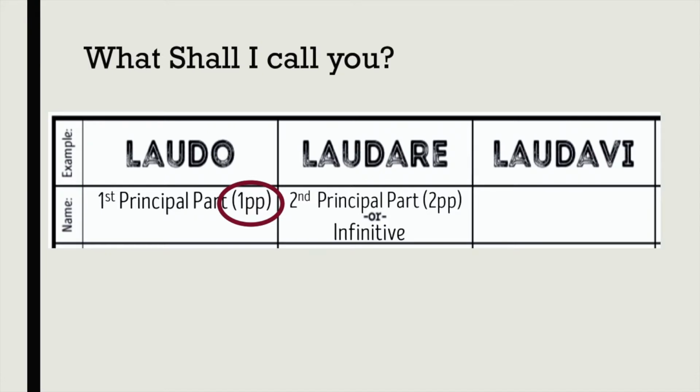It's called the infinitive. Now, all of these have other forms. The first one is actually the first person singular present active indicative form, but nobody calls it that. Everyone does call, though, the second principal part the infinitive as well. So we are going to use those terms interchangeably. And then the last one is predictably called the third principal part.